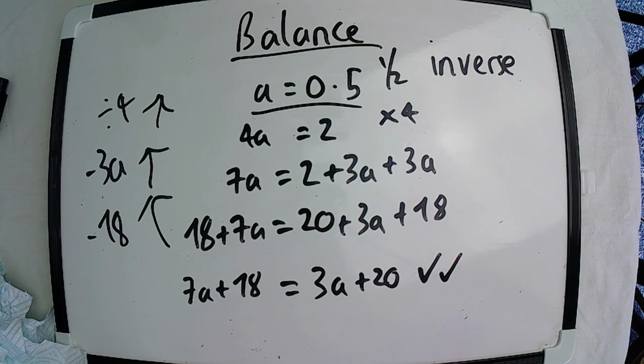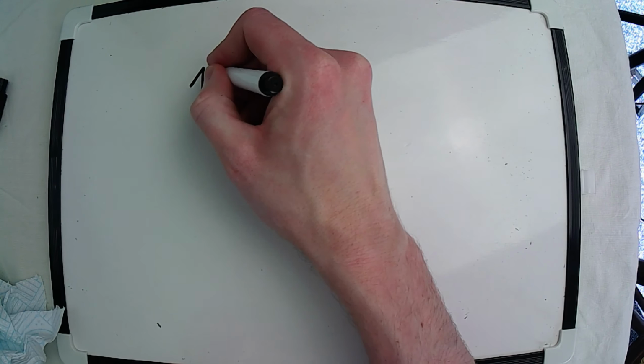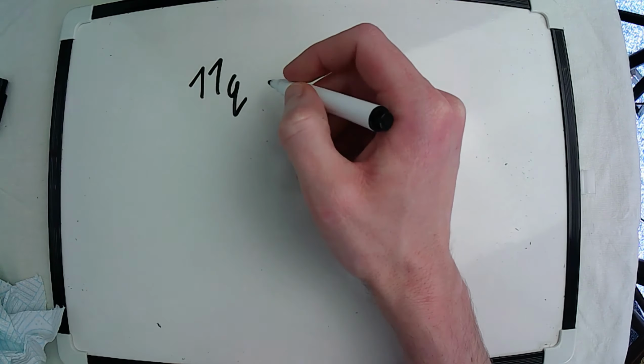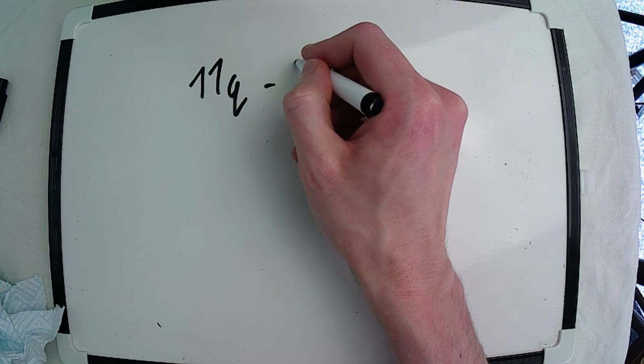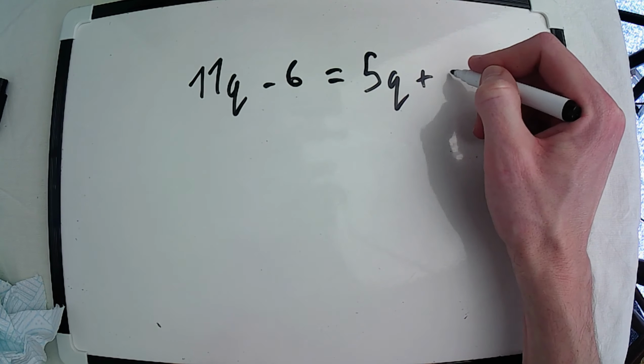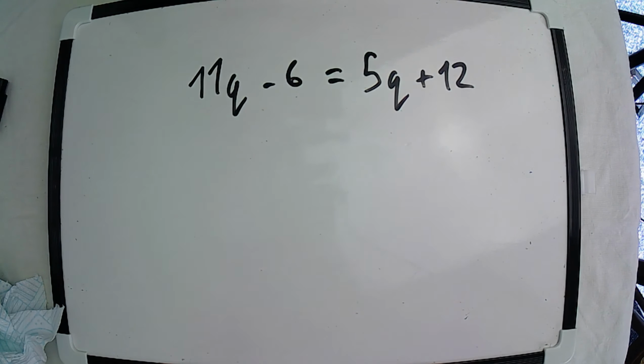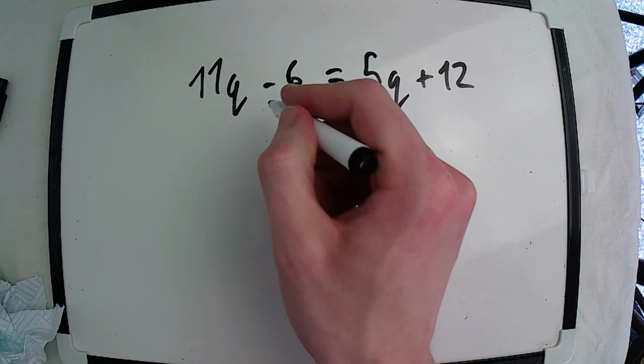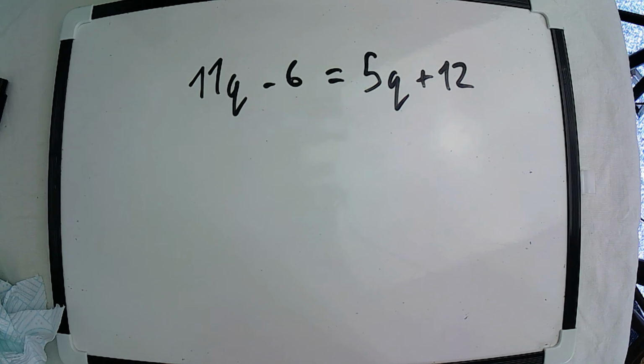Let's now have a look at a couple of examples. Okay, first, 11q, like the letter Q today, subtract 6 equals 5q plus 12. There's many ways you can do this. My advice is to deal with the negatives.